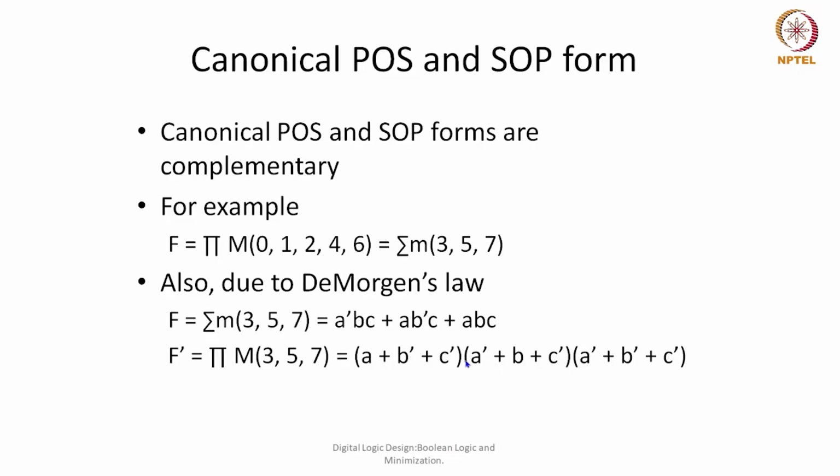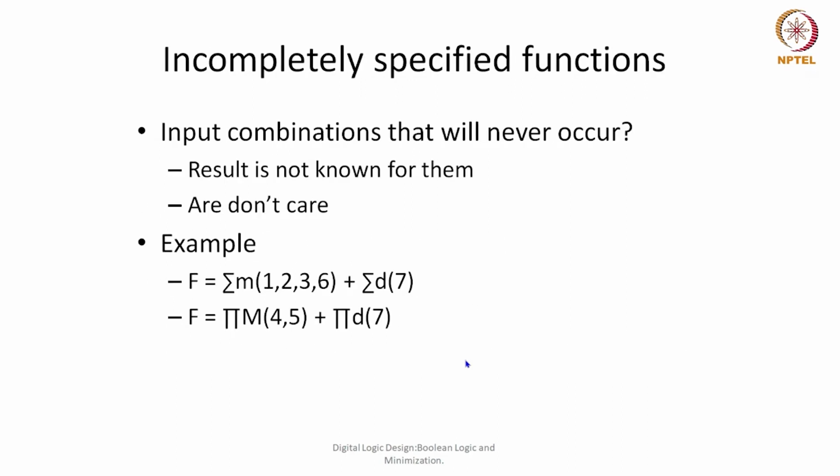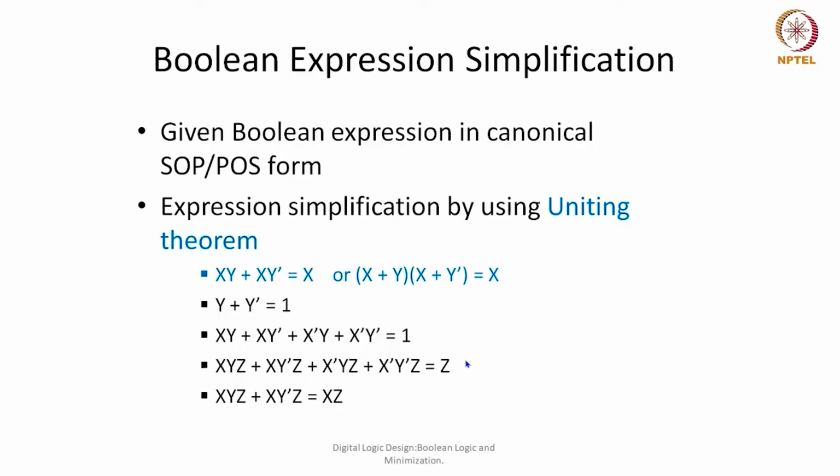The further minimization can be done by using the uniting theorem. There is only one theorem that is sufficient here. We just need to see which variables we need to combine.